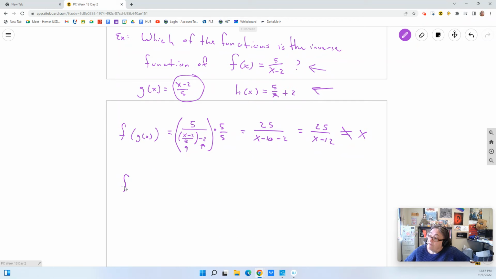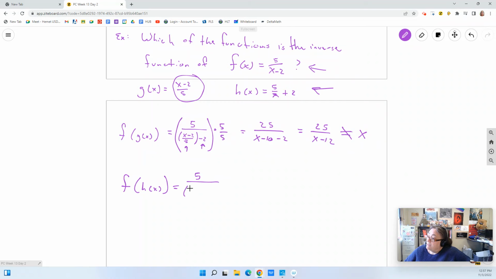So now I'm going to go f of h of x equals, and I'm going to do the same thing. I'm going to take this 5 over x. Well, what goes in for x there this time?